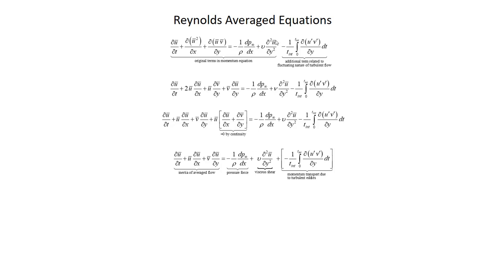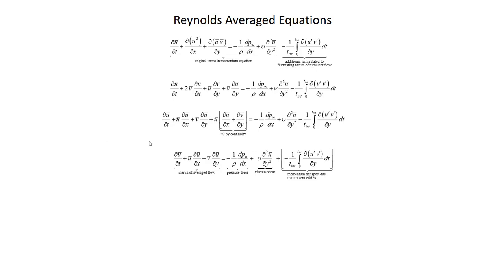But because I'm writing these things in terms of time average velocities, and I need to account for the additional transport of momentum that occurs due to these turbulent eddies, I have this additional term here that I can't get rid of. This is an important term. In fact, in many parts of the boundary layer, this is going to be a dominant term, right? So this is my additional term relating to the fluctuating nature of the turbulent flow.